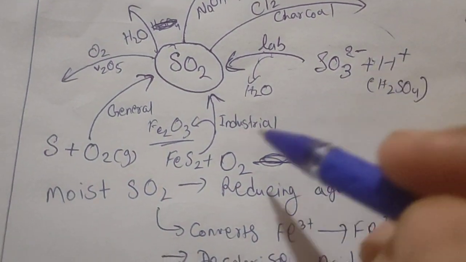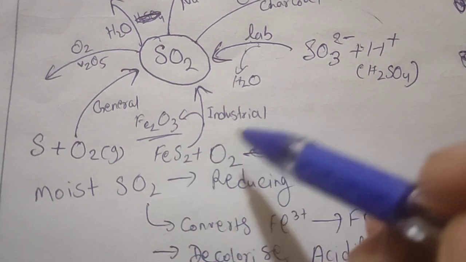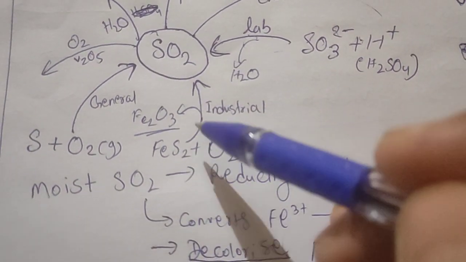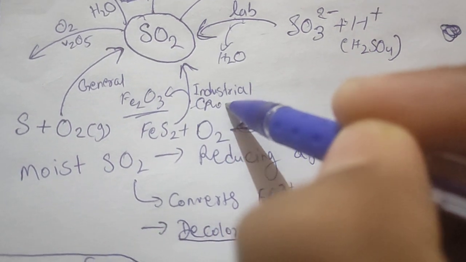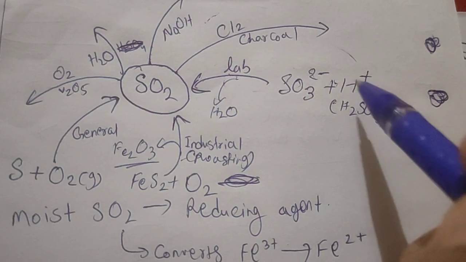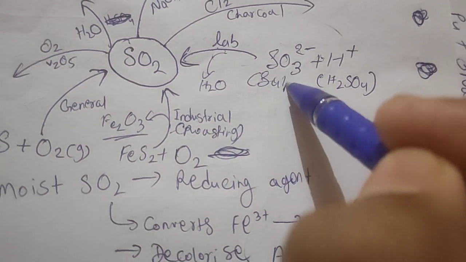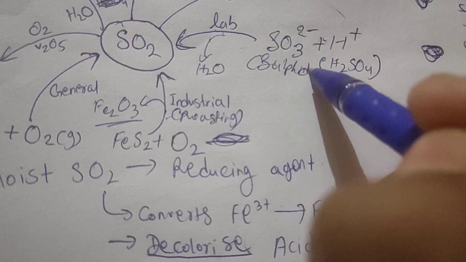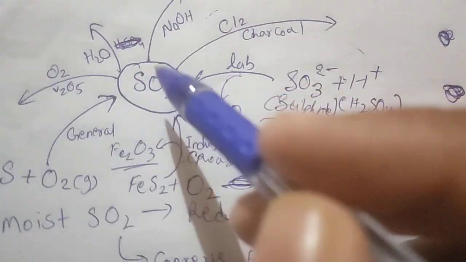So these three are methods of preparation. Generally it is burning sulfur, or industrial is by roasting the ores. Here you should write roasting. And lab method is by sulfite ions in acid, water is removed, SO2.